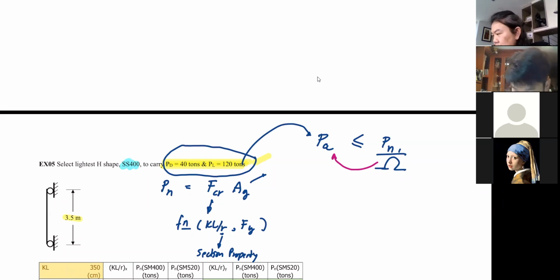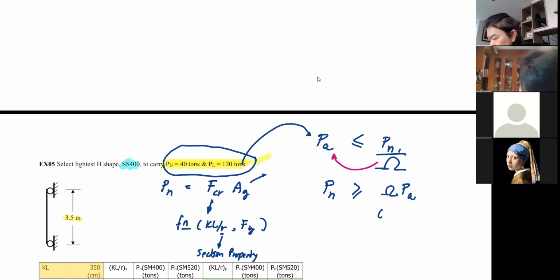Okay, so I can do this, and that means I now have to calculate P nominal that is going to be greater than factor of safety multiplied by PA, correct? Please notice how factor of safety helps increase the demand on the load side.